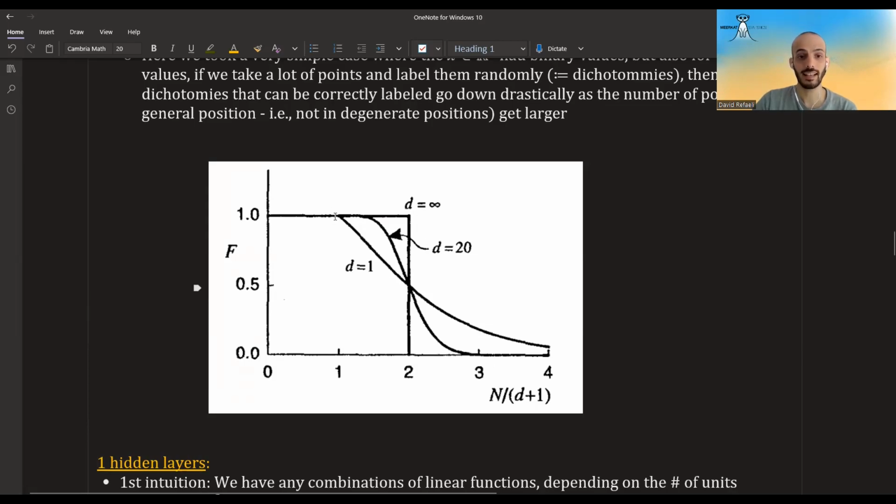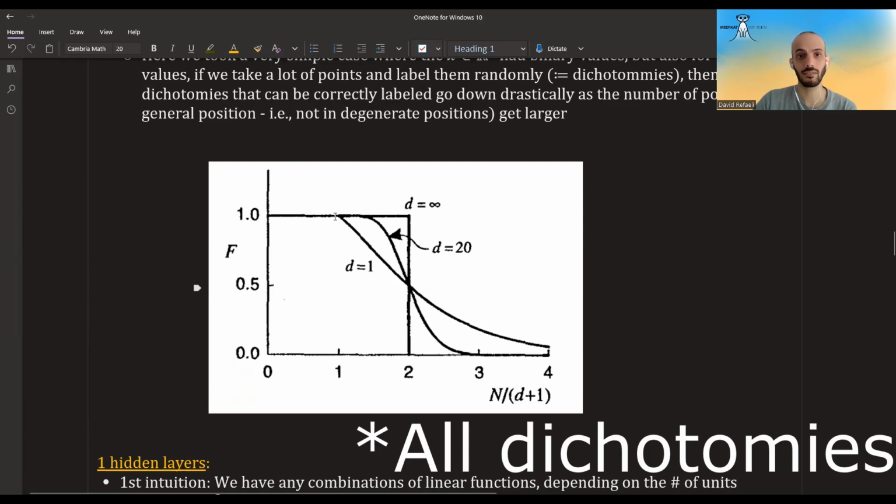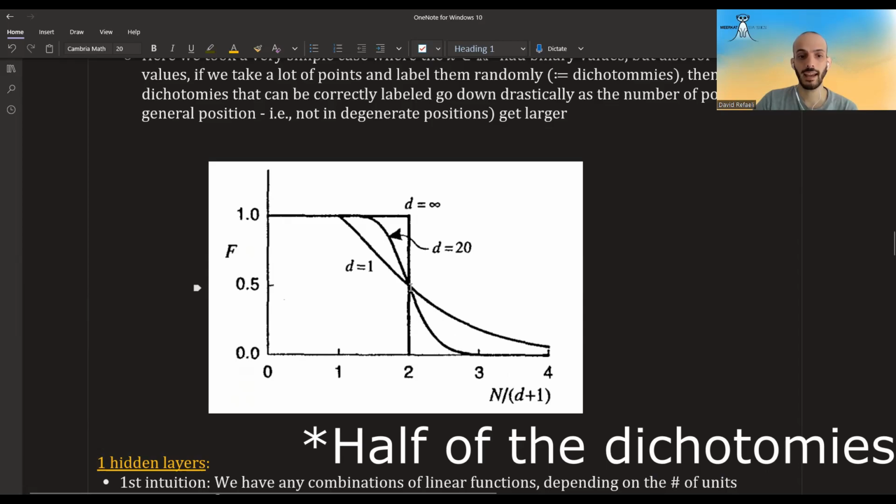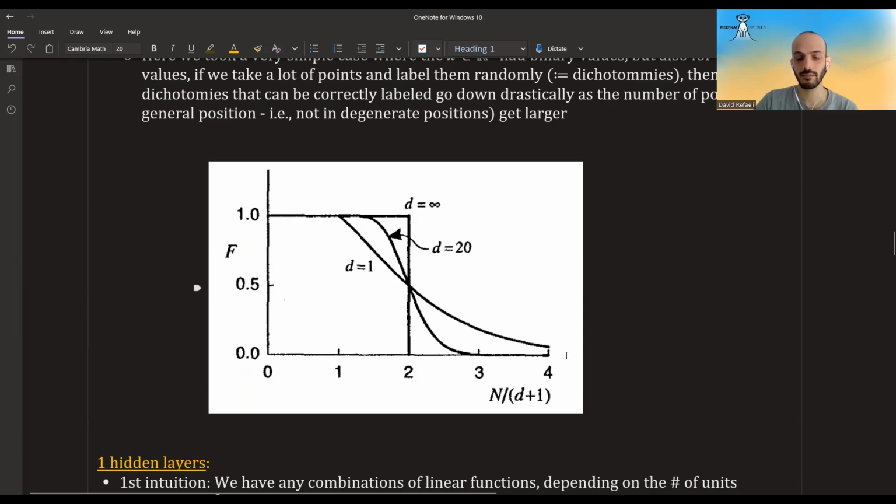So we can correctly classify all 3 points. If n goes to 6, the ratio goes to 2, and we can correctly classify only half of the points. As it goes bigger and bigger, it goes to 0. And as d gets larger, the fall becomes much steeper.